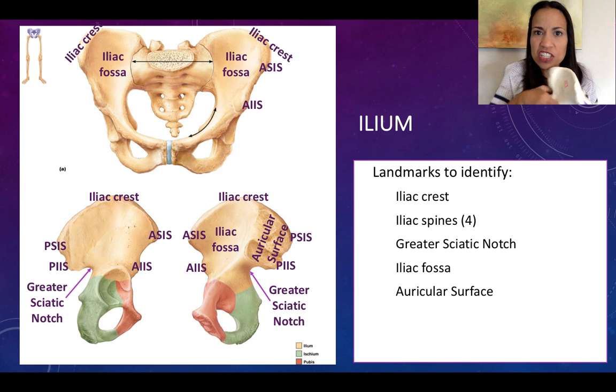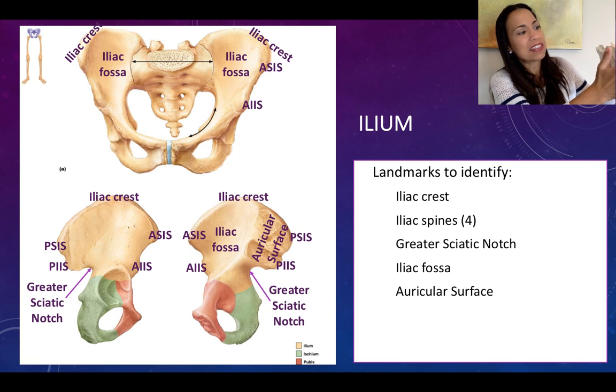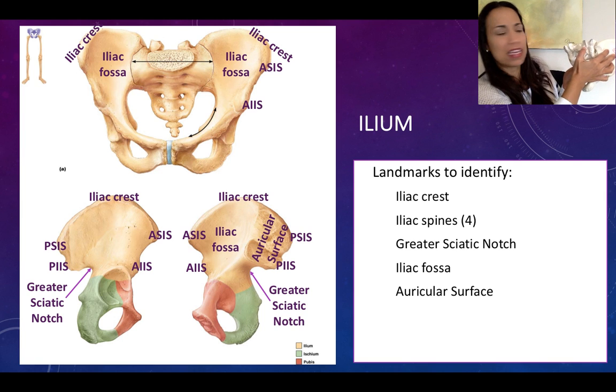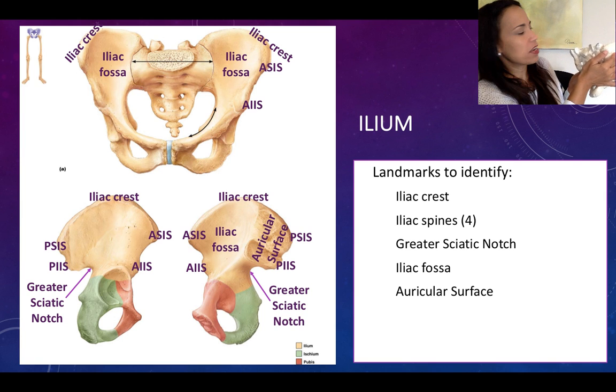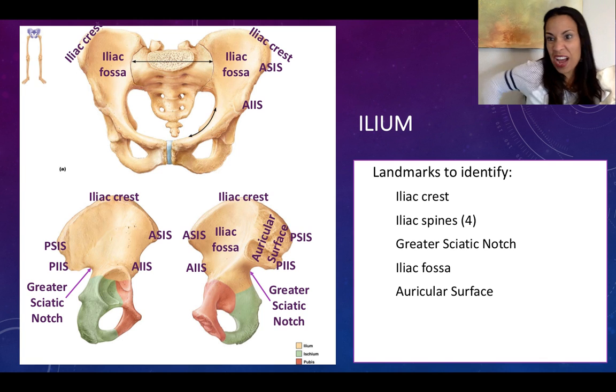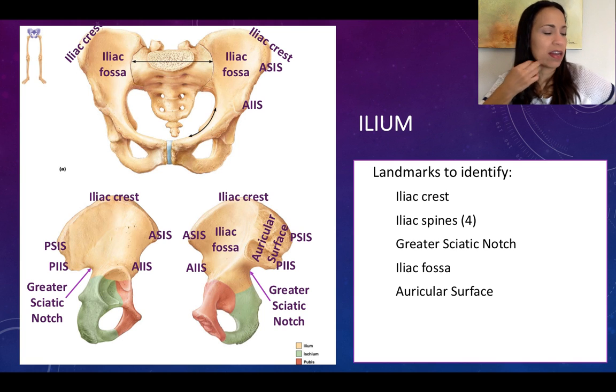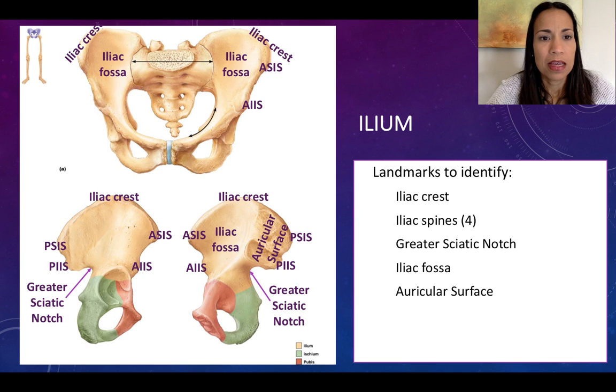Where can you touch your patient to see if they have a sacroiliitis or an inflammation of this joint? Right here in the posterior and superior iliac spine, right there in your dimples on either side of the vertebral column.